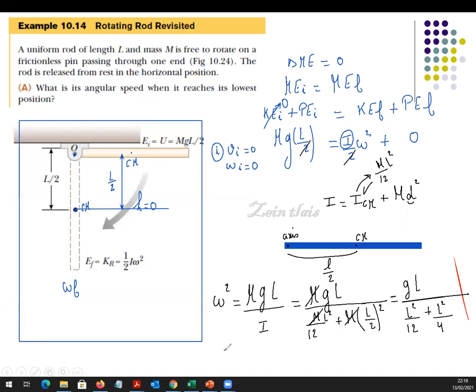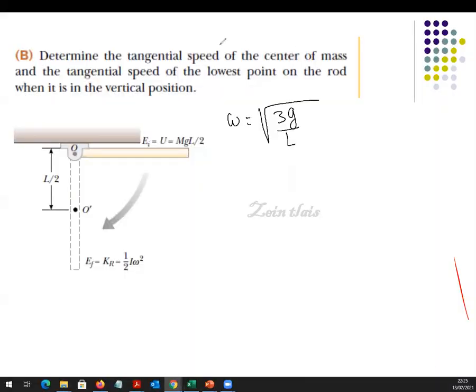So here omega squared equals GL divided by L squared over 12 plus 3 L squared, which equals GL divided by 4 L squared over 12, which equals 3G divided by L. So we can calculate omega, which is equal to radical 3G divided by L. So I calculated the angular velocity at the lowest point.